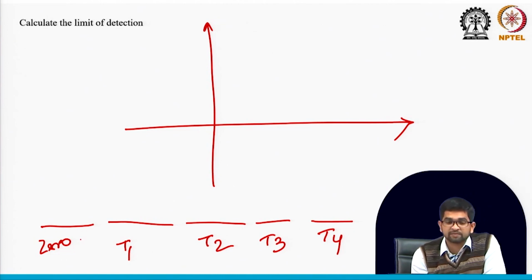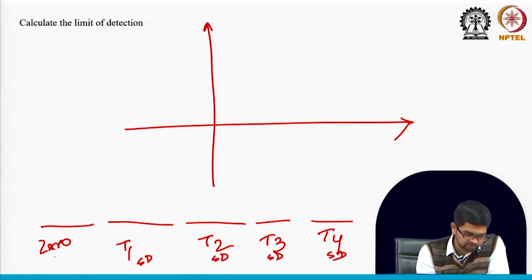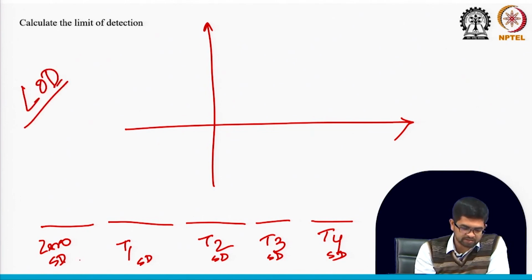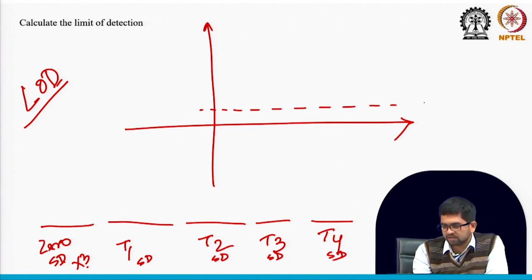Then get the standard deviation value for each concentration. For the LOD calculation, multiply the standard deviation by 3, and that 3 SD you have to draw.